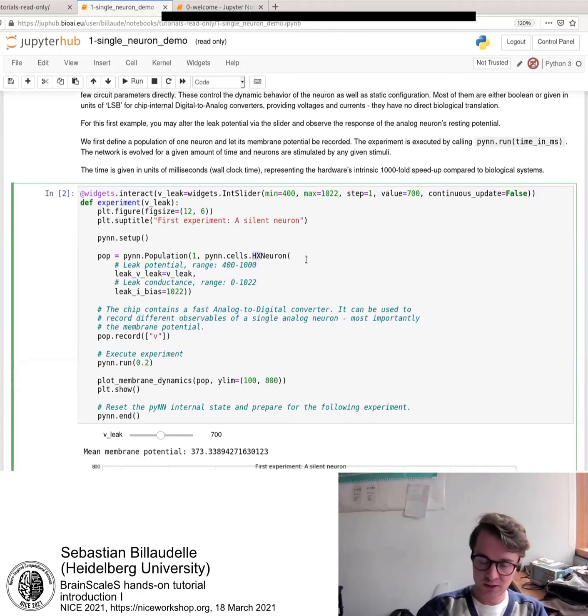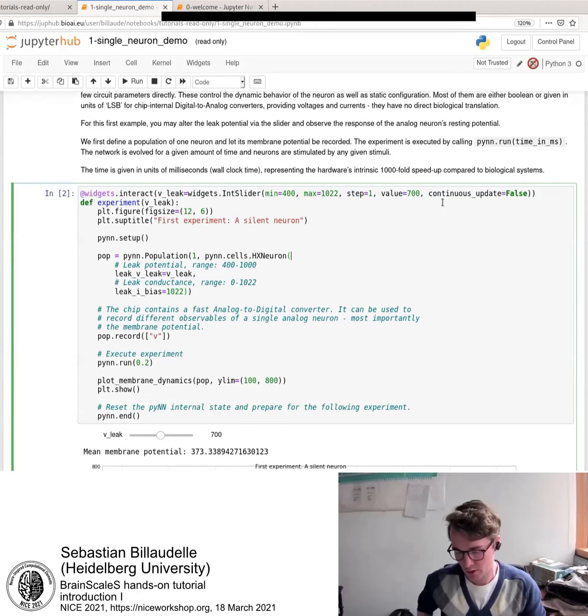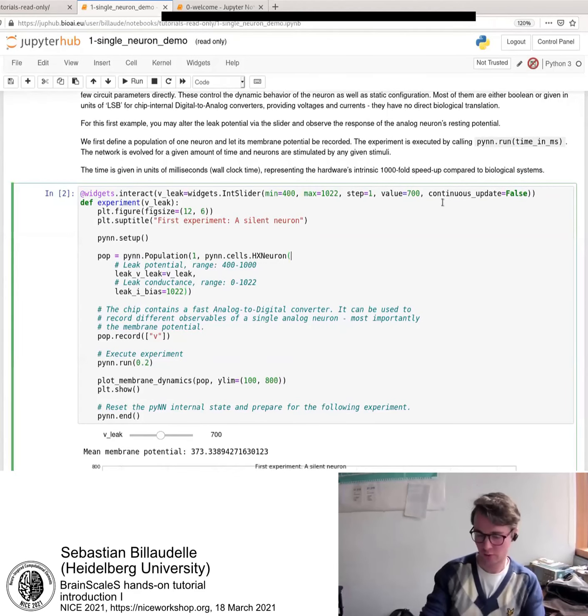And to that neuron instance, you then pass all your parameters, and these parameters are hardware parameters. To understand that, we should maybe tell you that each BrainScaleS 2 neuron has roughly 2 to 3 dozen individual parameters.